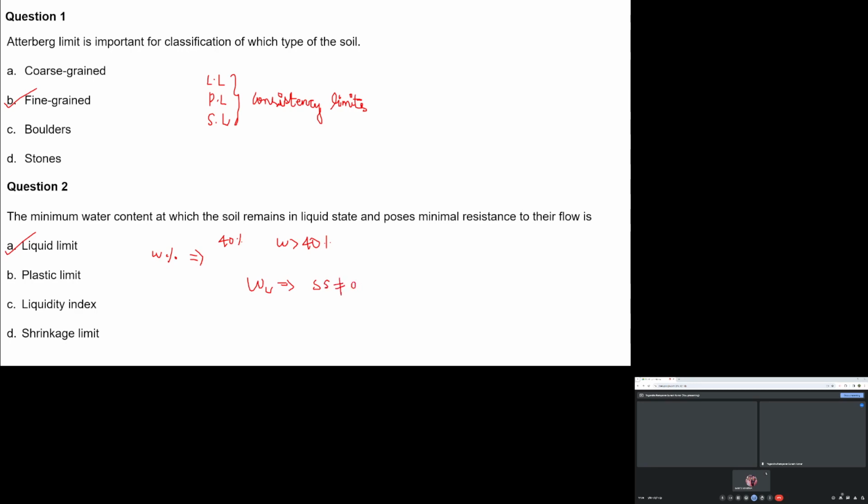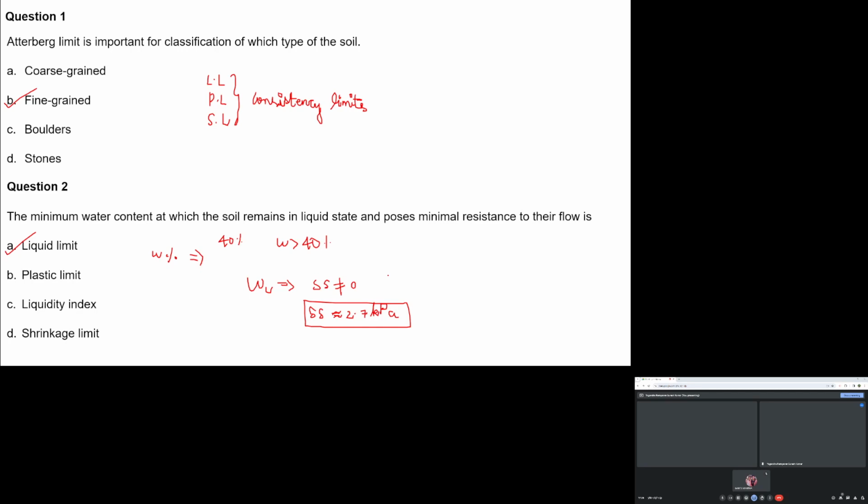There will be a slight presence of shear strength. Most soils' shear strength will be approximately 2.7 kilopascal. It is an approximation. There will be a range, so 2.5 to 2.7 kilopascal. It is the shear strength of the soil at liquid limit.